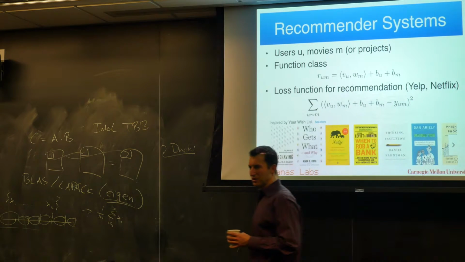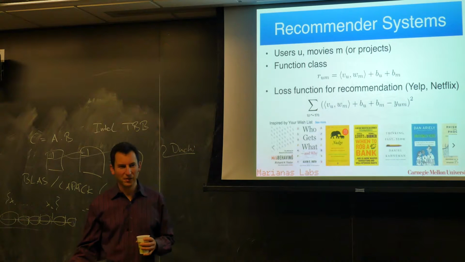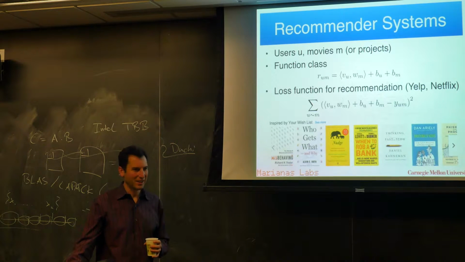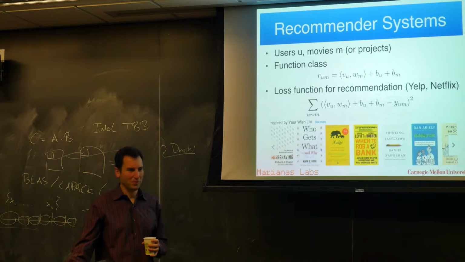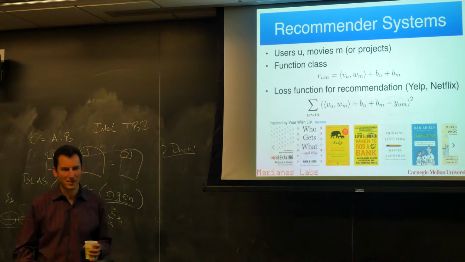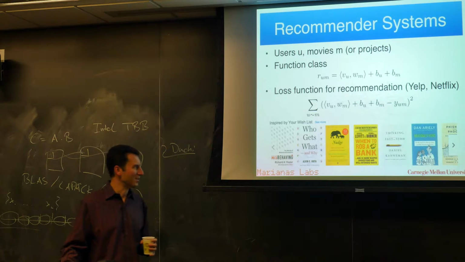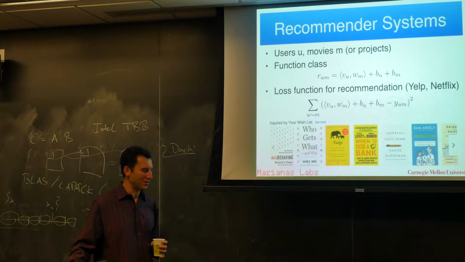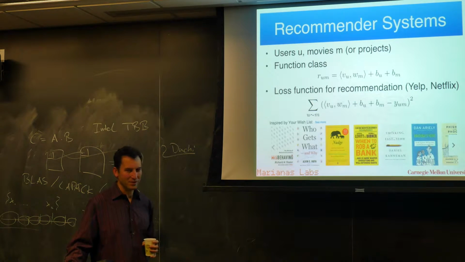There might be a user bias because maybe you're a horribly grouchy guy and you don't like any movie at all, so you complain about everything. On the other hand, maybe that movie is really fantastic and everybody likes it. So let's say Life is Beautiful. Well, it's commonly agreed that it's a great movie, so even if you're a grouch, you're still going to like it. And then there are specific preferences.